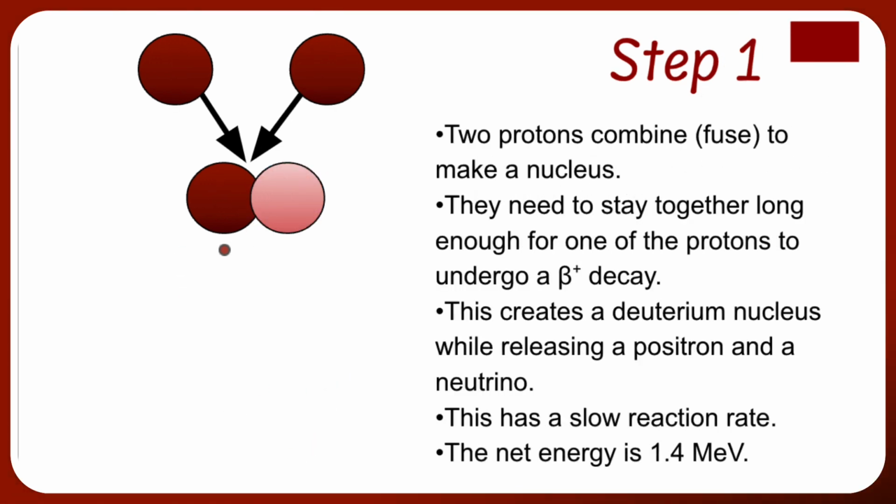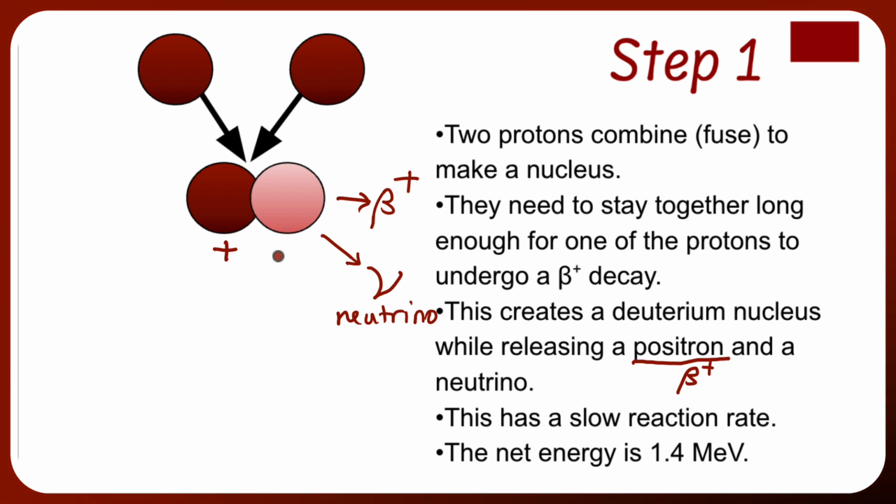We need them to stay together long enough for one of them to go from being a proton, and this one has actually had a beta positive decay, giving off beta positive, which remember is an antiparticle, so it's also going to make a neutrino. A beta minus will make an antineutrino. I've written here a positron. Remember, that's the same thing. A positron is the same thing as a beta positive particle.